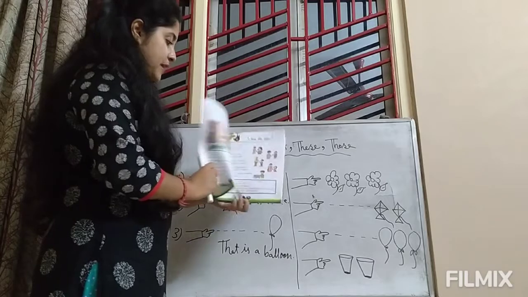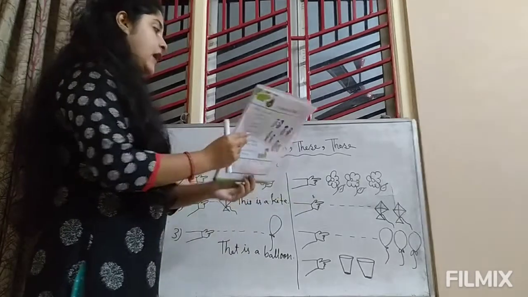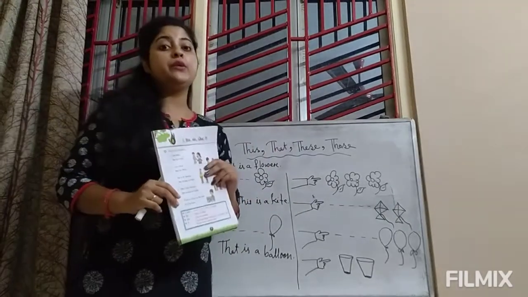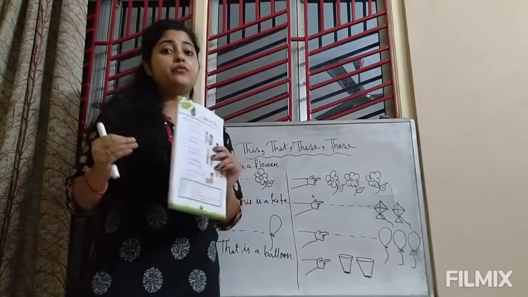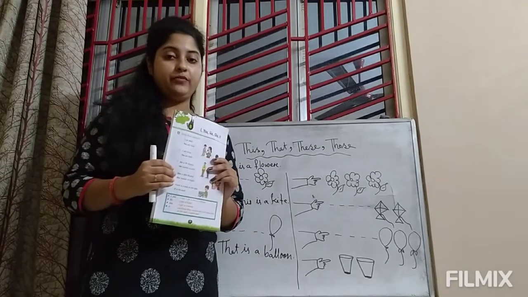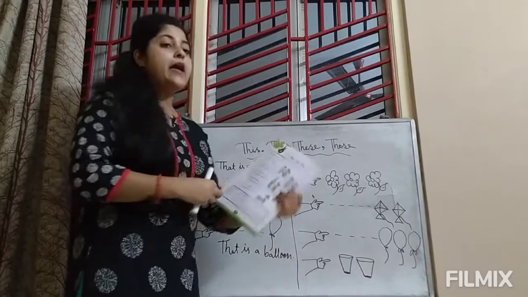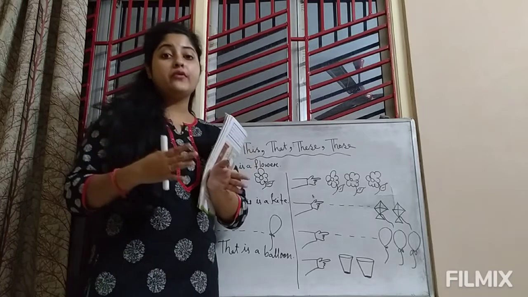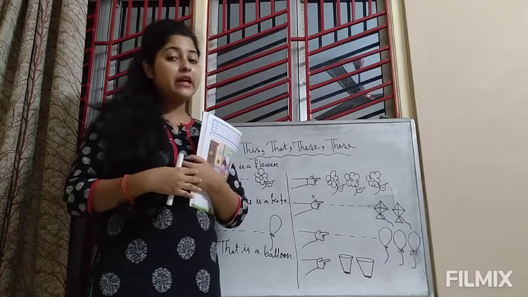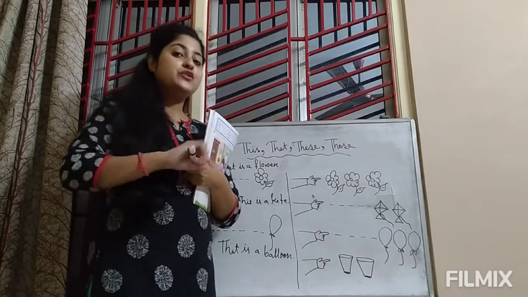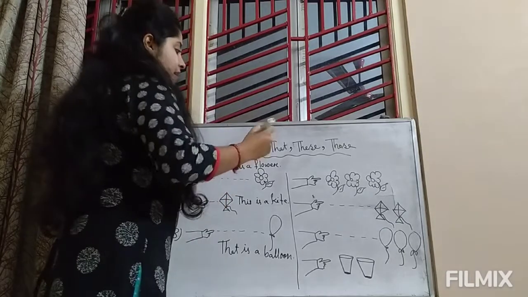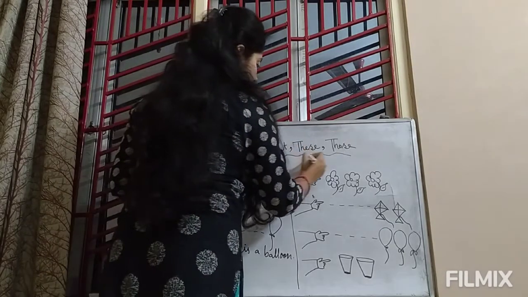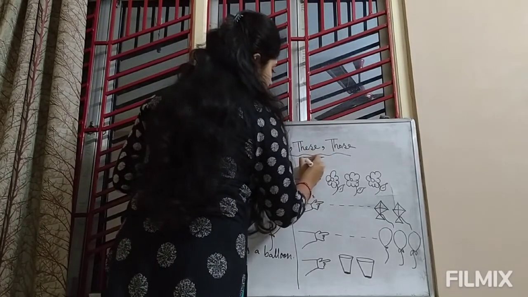Okay, now you will go to page number 28. Now I will say when we will use these and when we will use those. I hope you can remember that you have already read the chapter on 1 and more than 1, right? So here these means more.